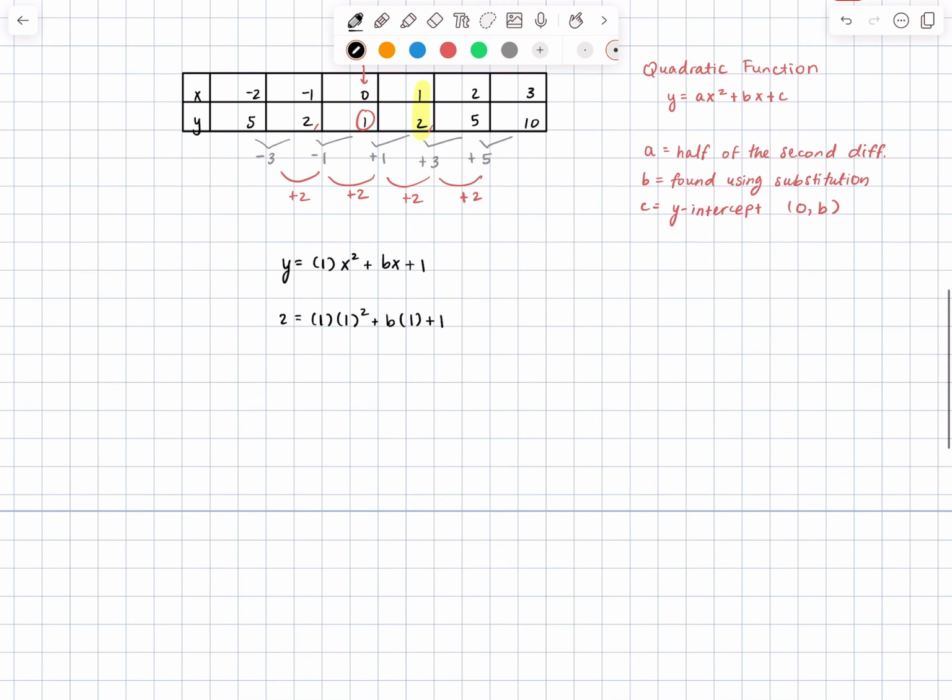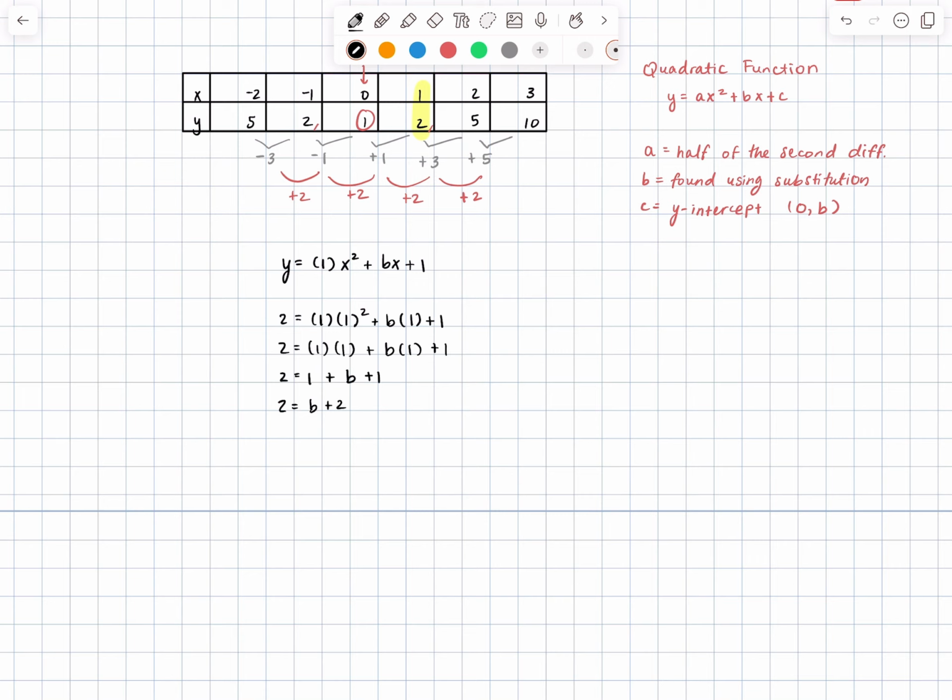So simplify, 1 squared is 1. 1 times 1 is going to give me 1, plus 1 times b is b, plus 1. And then 1 plus 1 is 2, so 2 equals b plus 2.